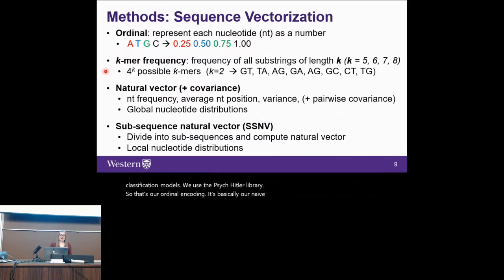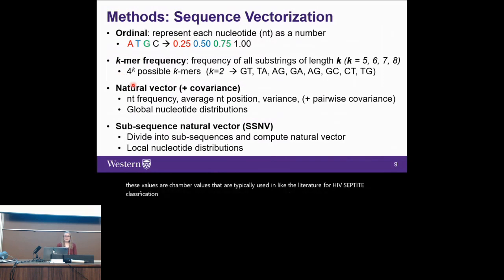Next we use k-mer frequency. k-mers are substrings of length k, and we count the frequency of all of these substrings within the sequence. The values of k that we explore are 5, 6, 7, and 8, and these are k-mer values that are typically used in the literature for HIV subtype classification.